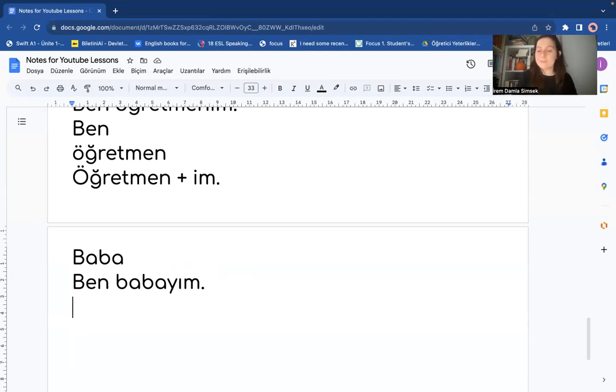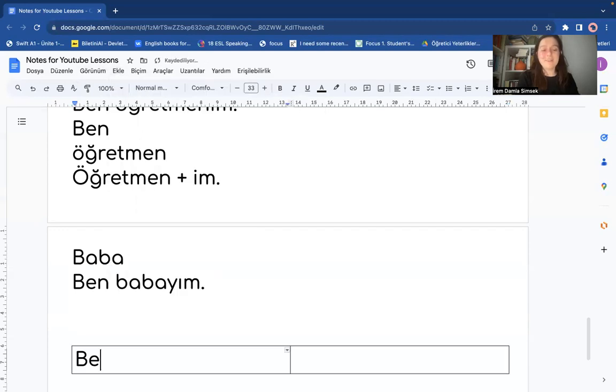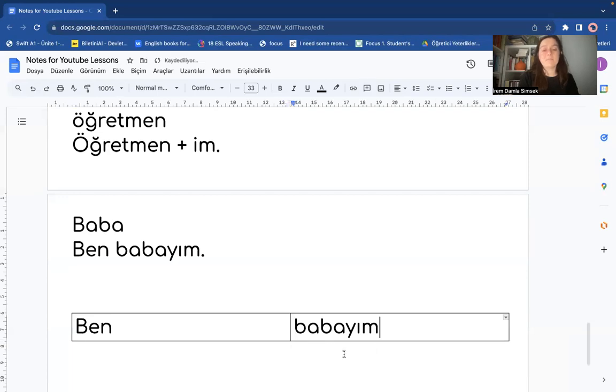Let's write some examples and make our classical chart. "Ben babayım. Sen babasın."